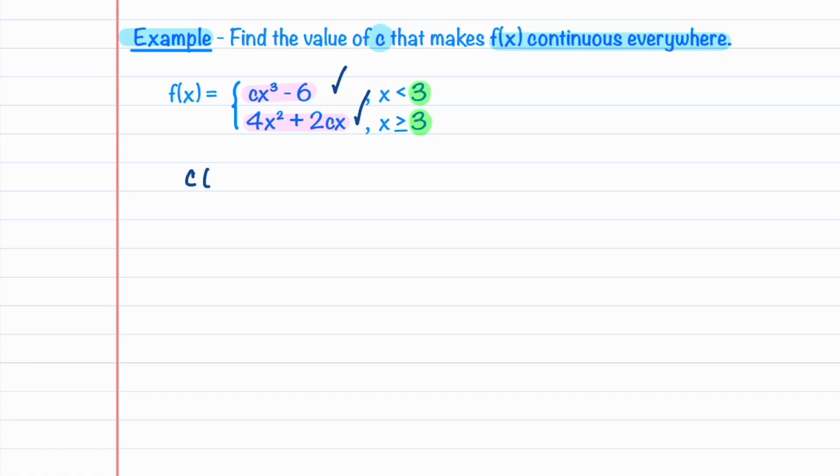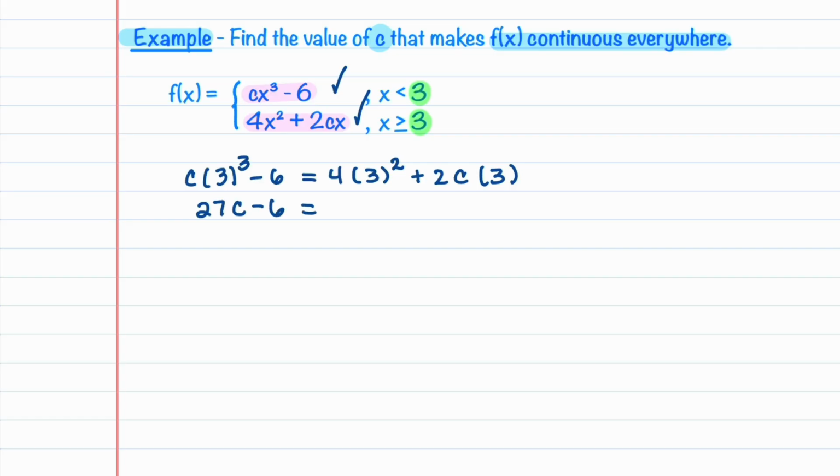We have c times 3 cubed minus 6 is equal to 4 times 3 squared plus 2c times 3. Now we have to solve for c. Let's clean this up a little bit. On the left, we have 27c minus 6.